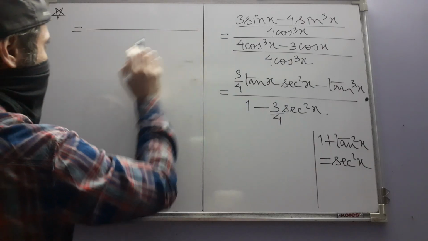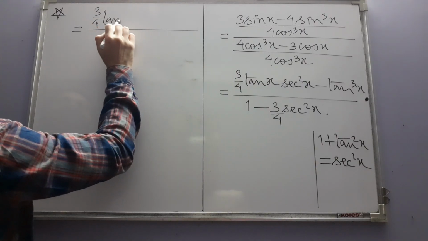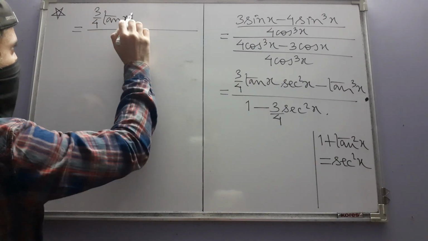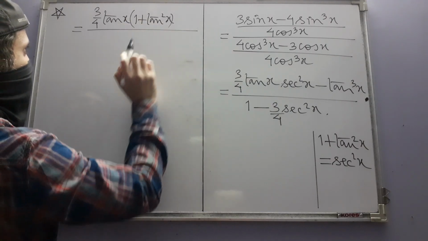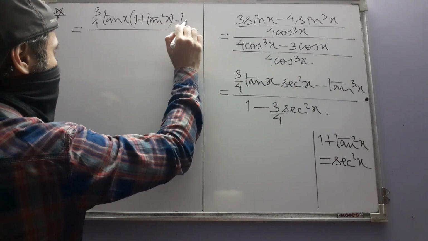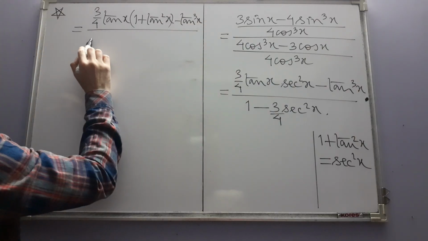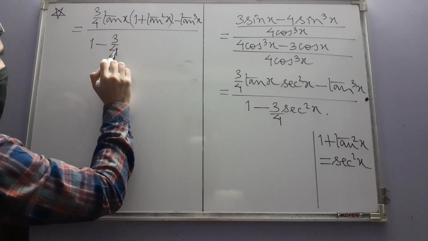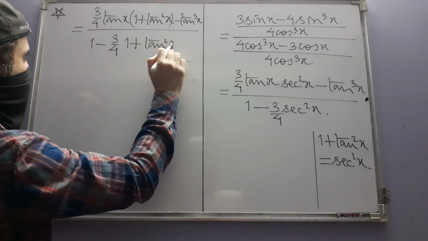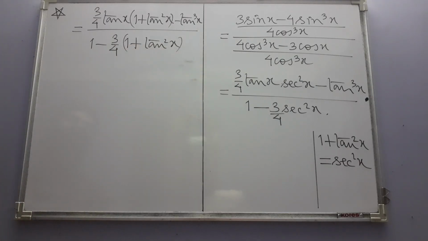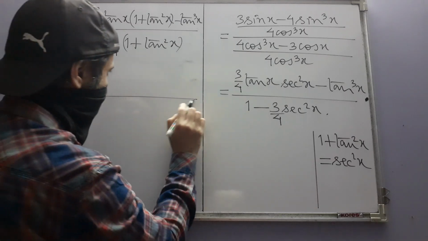So what do we have to do? 3 over 4 times tan x times 1 plus tan square x minus tan cube x divided by 1 minus 3 over 4 times 1 plus tan square x. Okay, so we are in fact getting everything in terms of tan, but it's a mess.